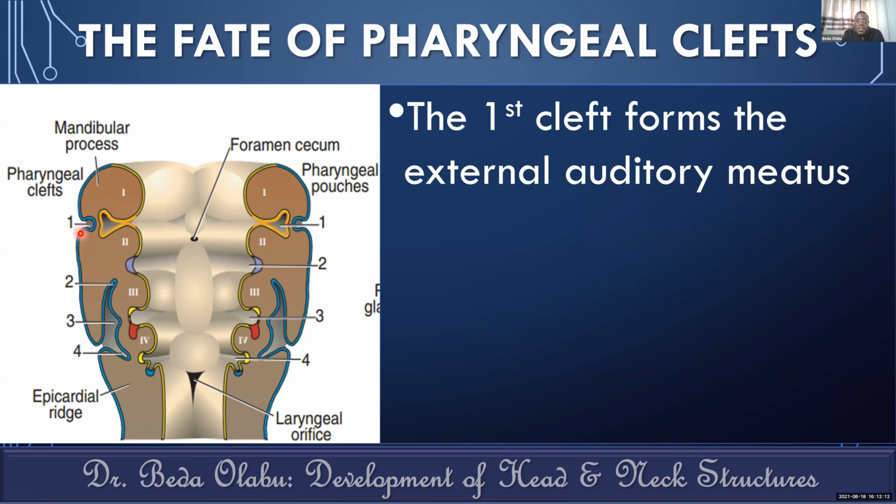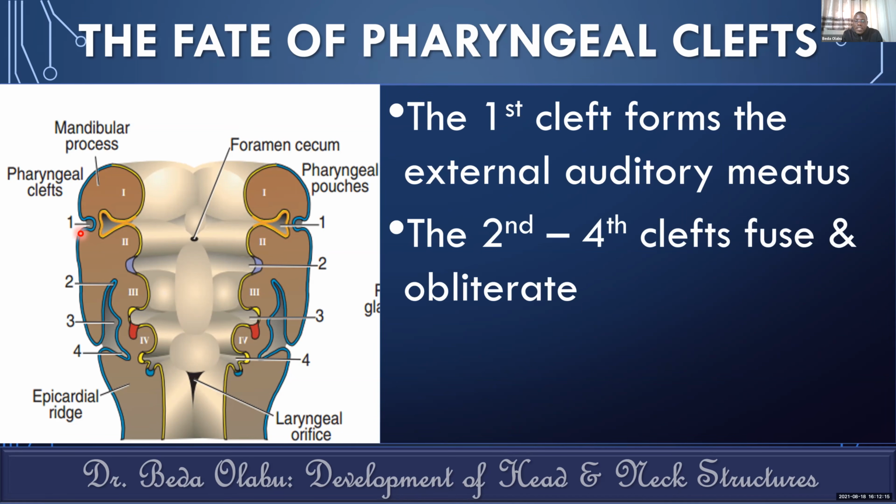The other pharyngeal clefts, and I want you again to understand that now that we have only a total of 5, albeit the naming system, we will then expect to have only 4 clefts. The first cleft forms something. The second to the fourth cleft usually fuse and obliterate. They don't become anything. They fuse and they obliterate.